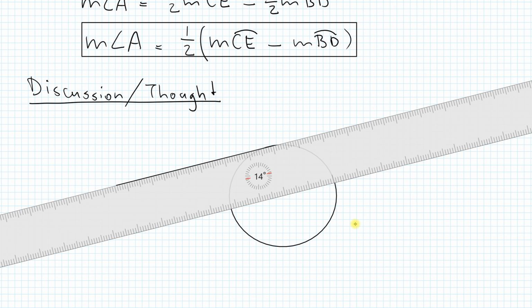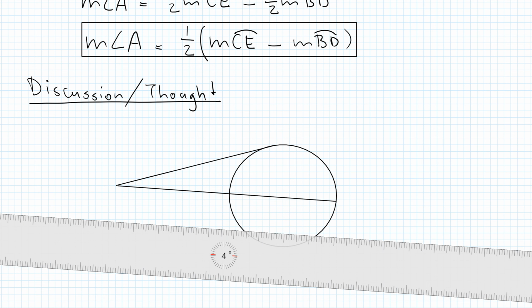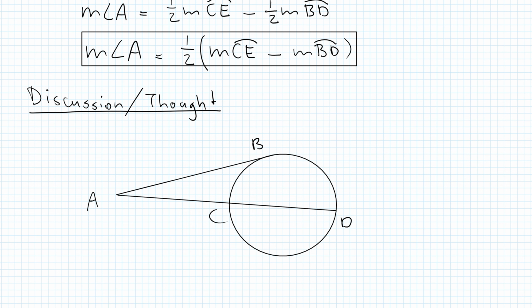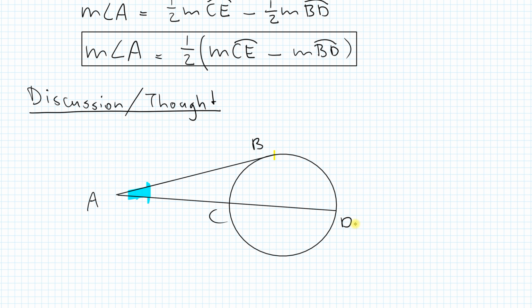Okay, so here's a tangent and a secant, okay? And let me label the points A, B, C, and D. Well, is it the same thing? Can we also say in this case that if you want to find the measure of angle A over here, this angle, is it also that angle A is equal to the difference between this arc and this arc?